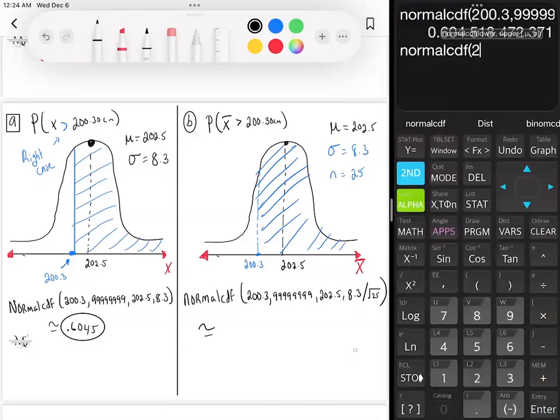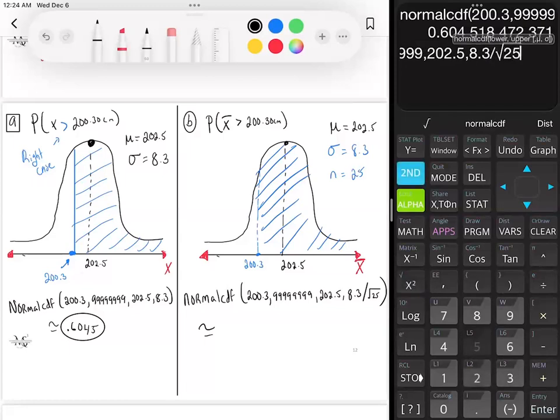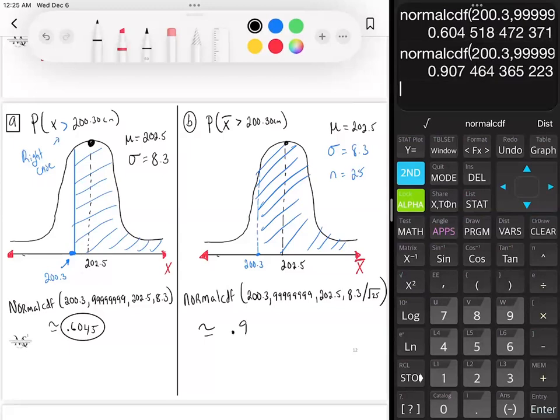Enter the value of X first, 200.3, comma, 9s repeating 8 times, comma, 202.5, comma, standard deviation 8.3 divided by, make sure you put divided by second X squared to get your square root of 25. And you hit enter. If you round your answer to 4 decimal places now, you get 0.9075.